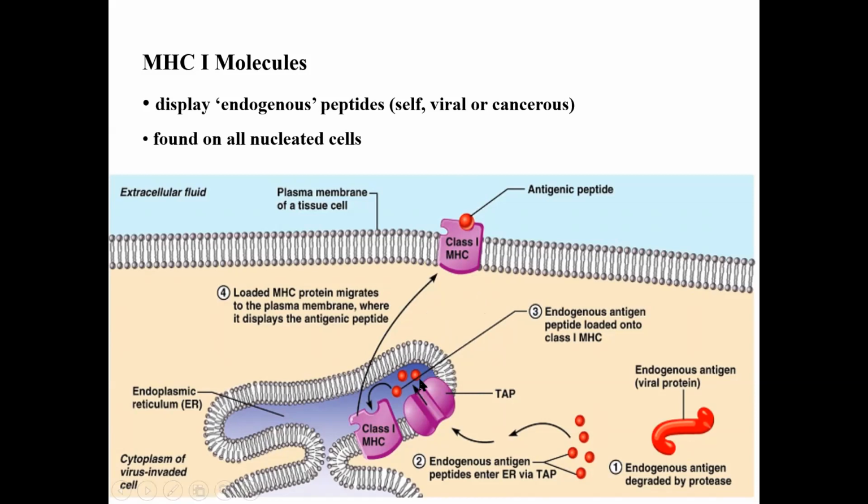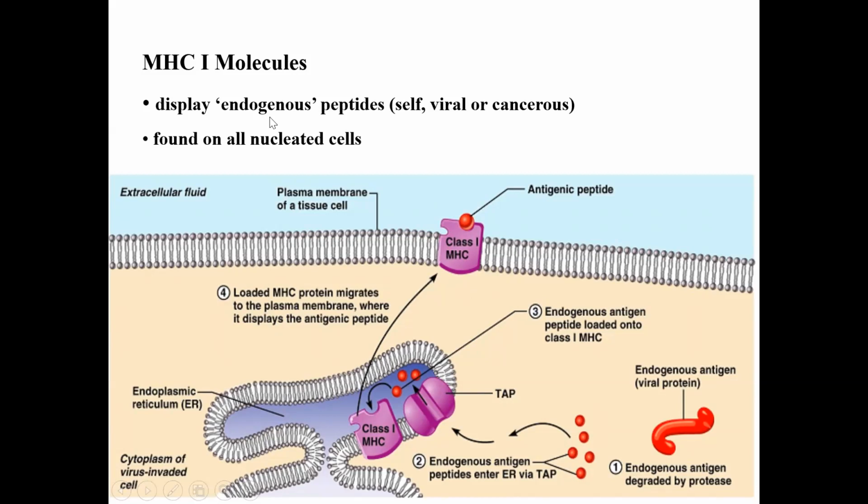Then this peptide is going to be considered abnormal, and that's going to be on this MHC. And if it's a normal cell, you have all the normal proteins, so on MHC1 you're going to have a normal peptide on the surface. So that's MHC1. It only binds to the endogenous peptide, everyone.